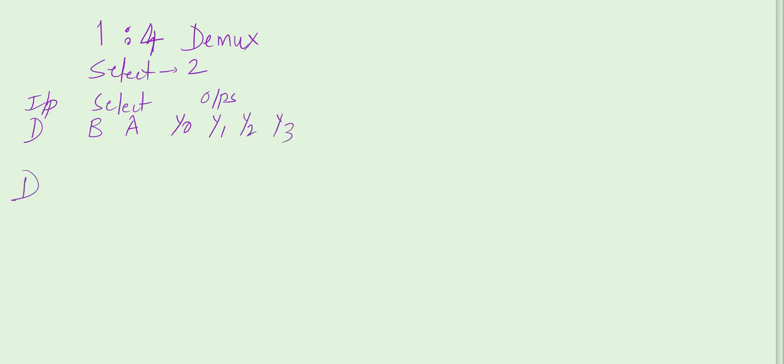Now D input is continuously provided. When there are 2 select lines, there will be 4 combinations: 0 0, 0 1, 1 0 and 1 1. Each combination will select to which output the D input will be provided. So when it is 0 0, D is provided to Y0. At that time other 3 will be 0.